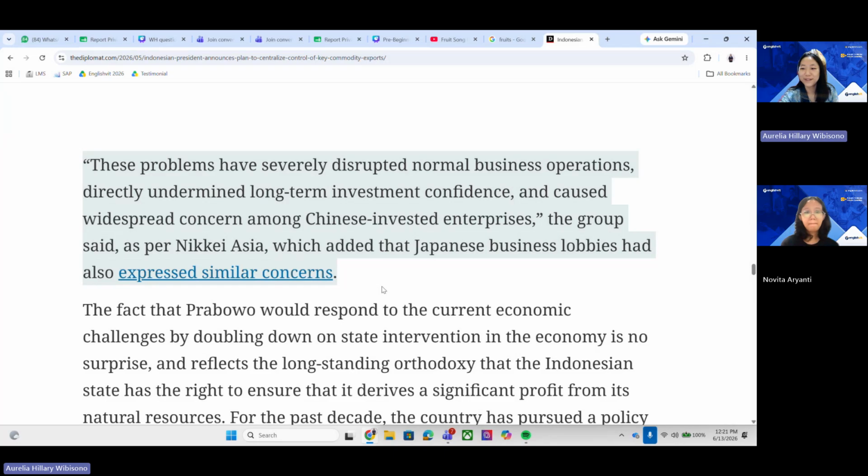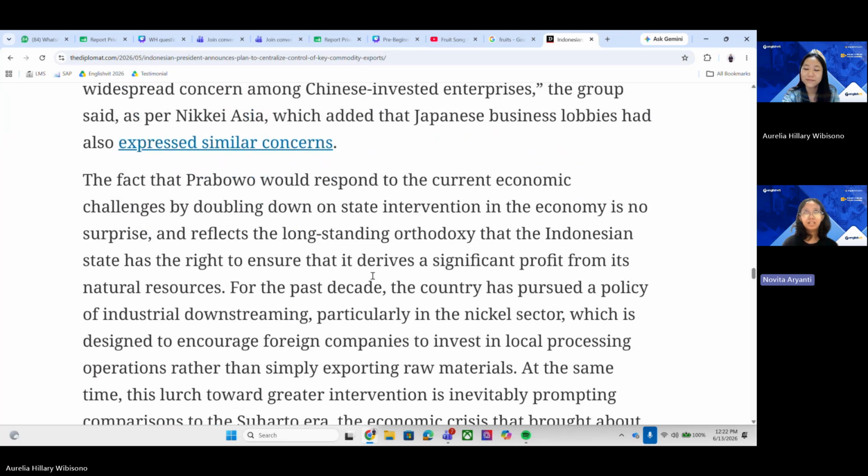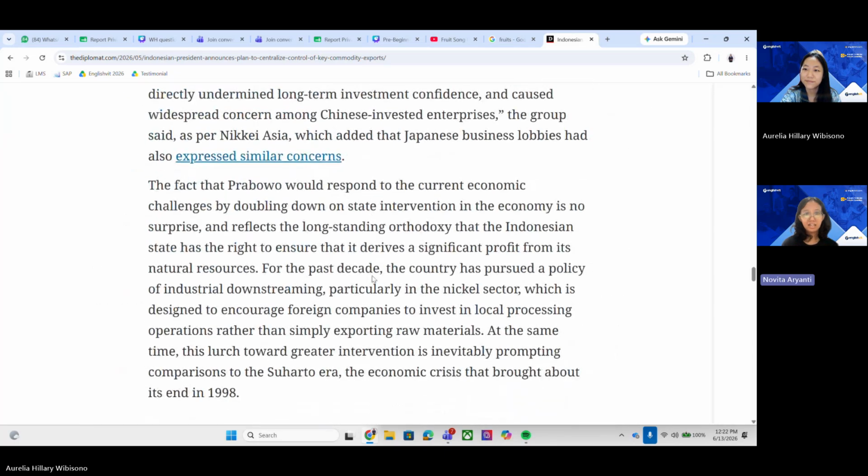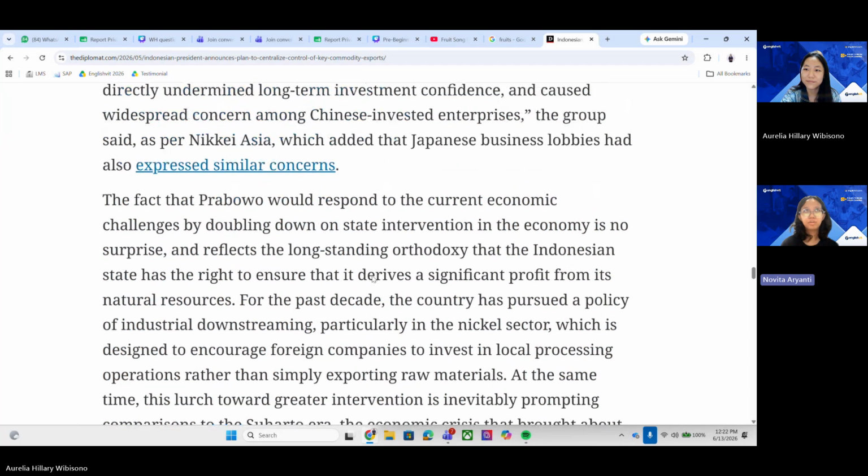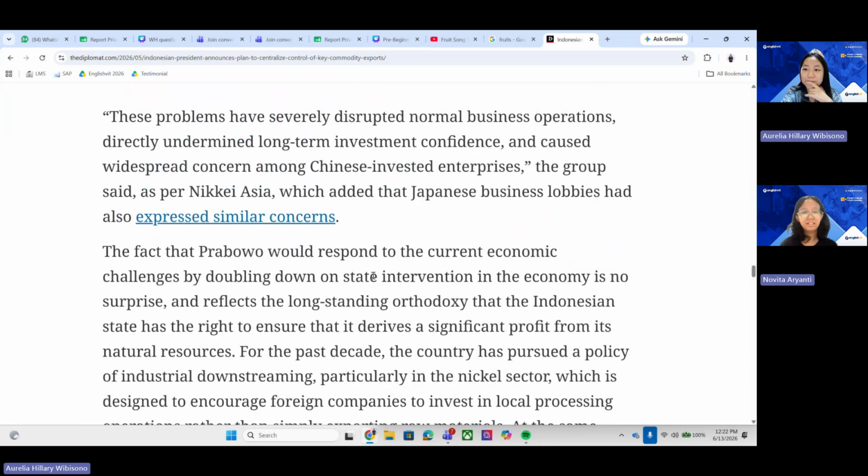Please tell me what kind of information you got. Just as stated here, the China Chamber is basically the organization of Chinese businessmen in Indonesia. They gave the president their concern in a letter, stating that this situation of the state getting a lot of influence and control in business is not healthy for their business environment, and thus they urge the president to rethink his decision regarding Danantara, and controlling the exports also from Danantara Sumber Daya Indonesia, the one we read about before.